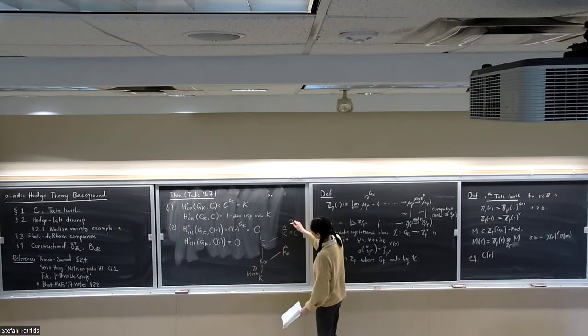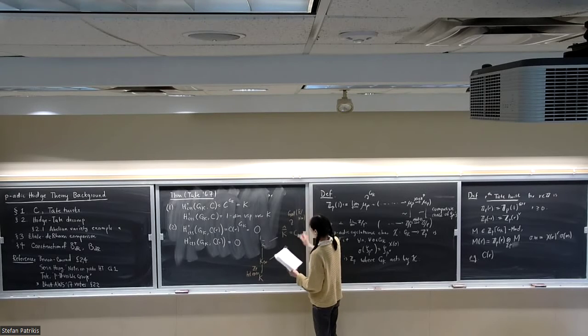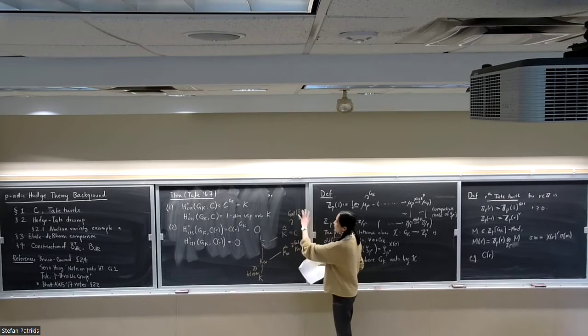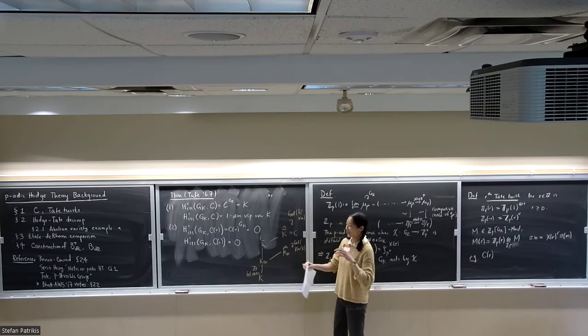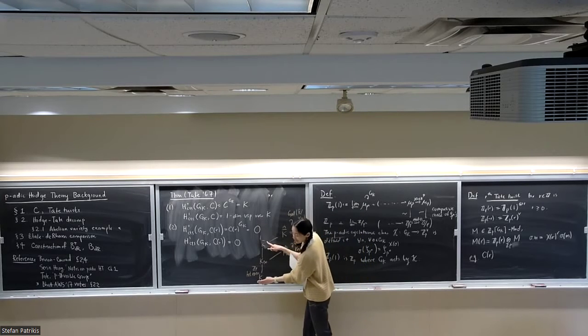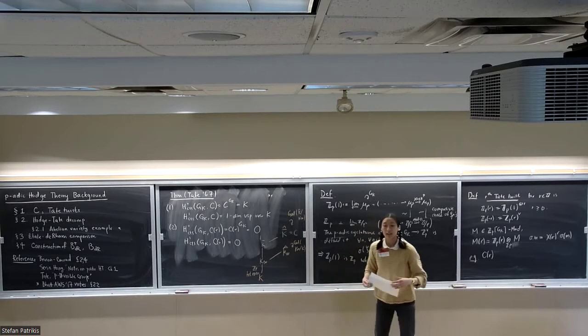And then both of these have an action by different Galois groups. This has the action by the Galois group of K bar over K infinity, and this has the action of the Galois group of K infinity over K. And then separately, he computes the Galois cohomology of these two different Galois actions and then fits them together using a Hochschild-Serre spectral sequence to talk about the Galois cohomology of this whole Galois group by studying the two different pieces.